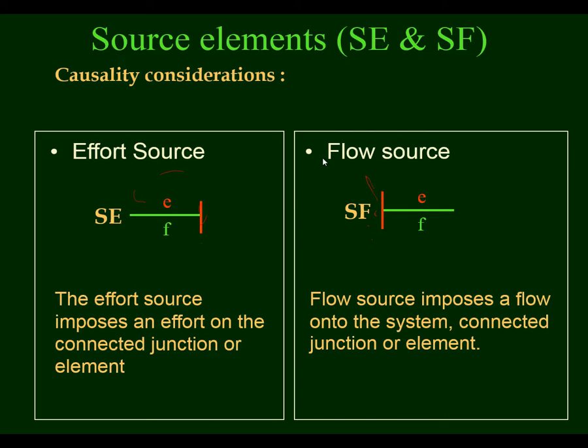So you see here, you could say this is the force, right? And this right here is the velocity. So this is like you're saying that it goes from source to the system.